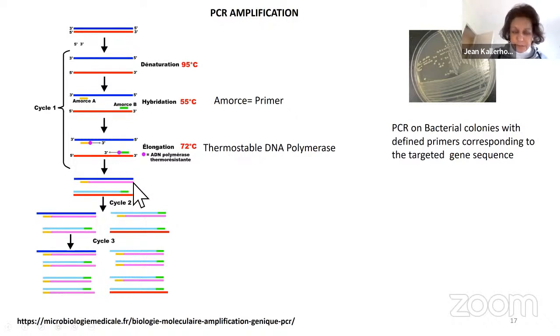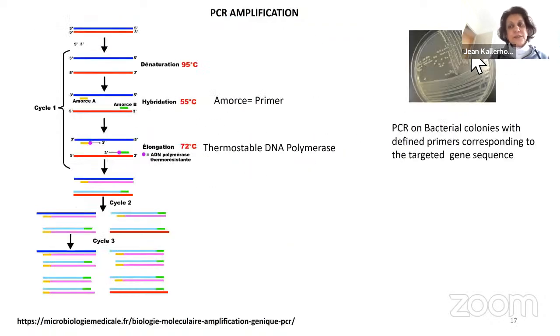Each one of those double-stranded DNAs is denatured, strands separated. The primer comes and fixes itself at each end, and it will give you the third cycle with 4 double-stranded DNA, okay?